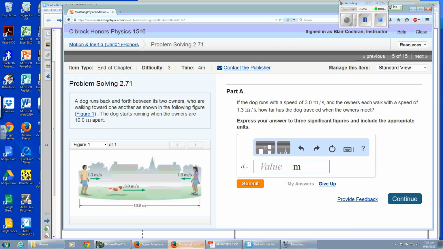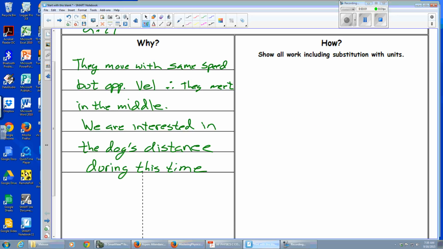All right, so this thing I didn't write in there, but during this time, it's going to take a certain amount of time for them to meet in the middle, right? Because it takes time to change where you are.